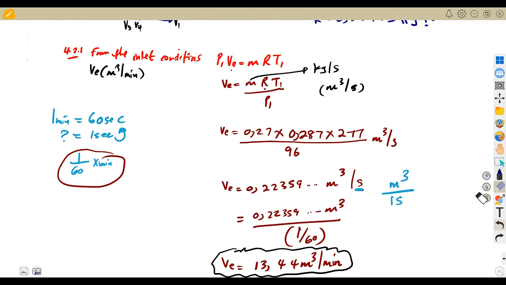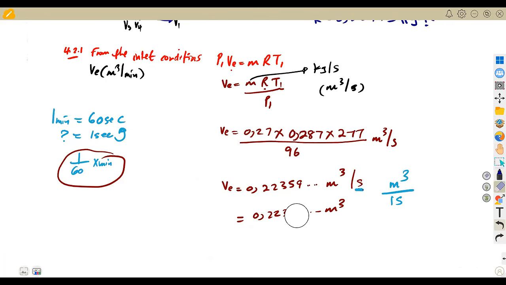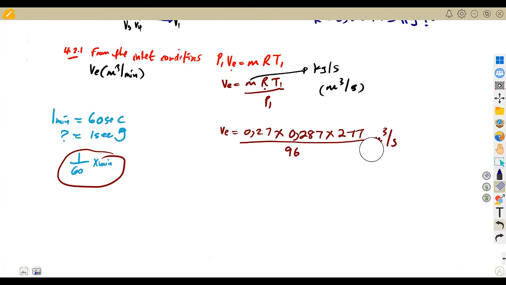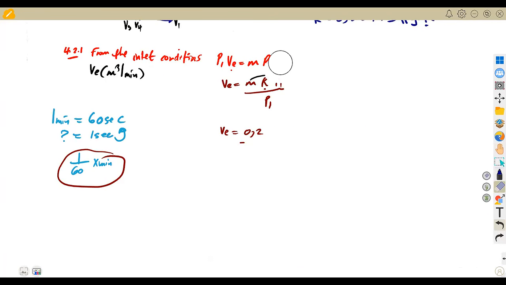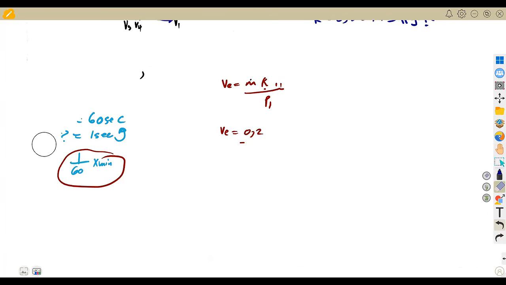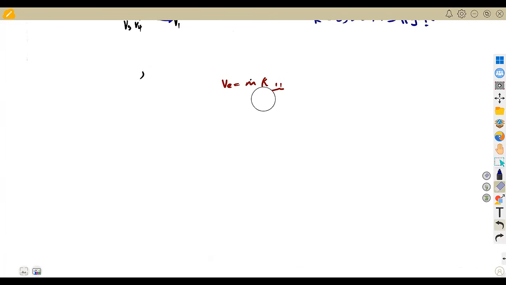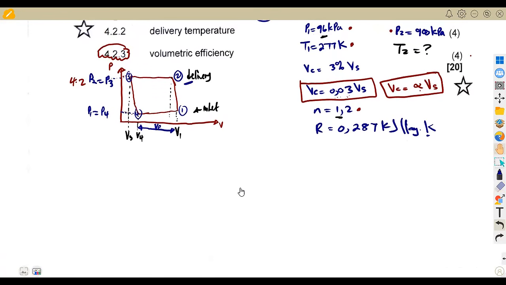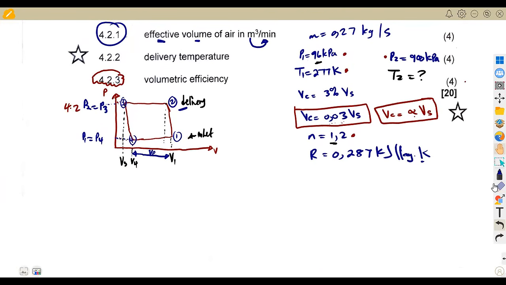Since we are not going to need this, let us remove it, because with this one it's not going to work: we do not have VS, we do not have the stroke volume in this case, so we are limited. From the two formulas that we saw, I'm just going to start with the first one, that's 4.23.